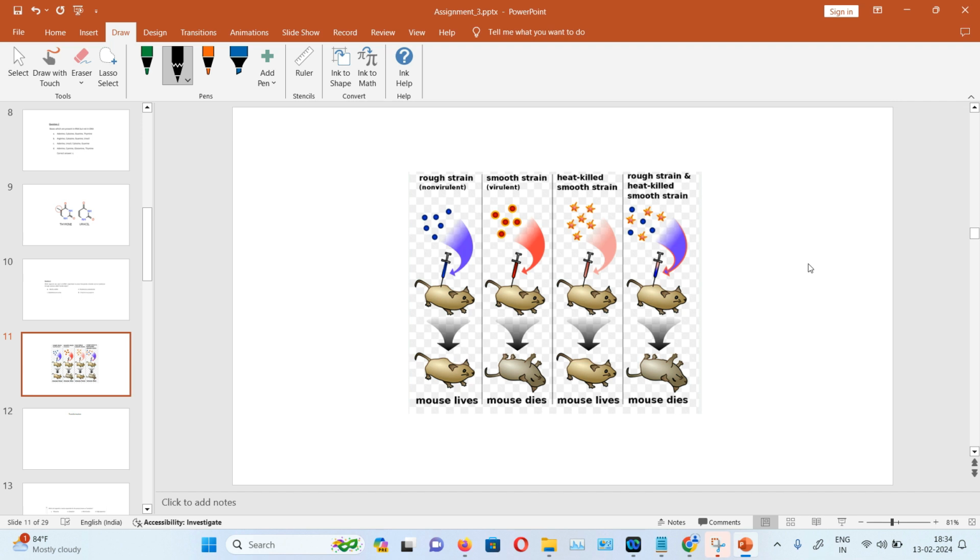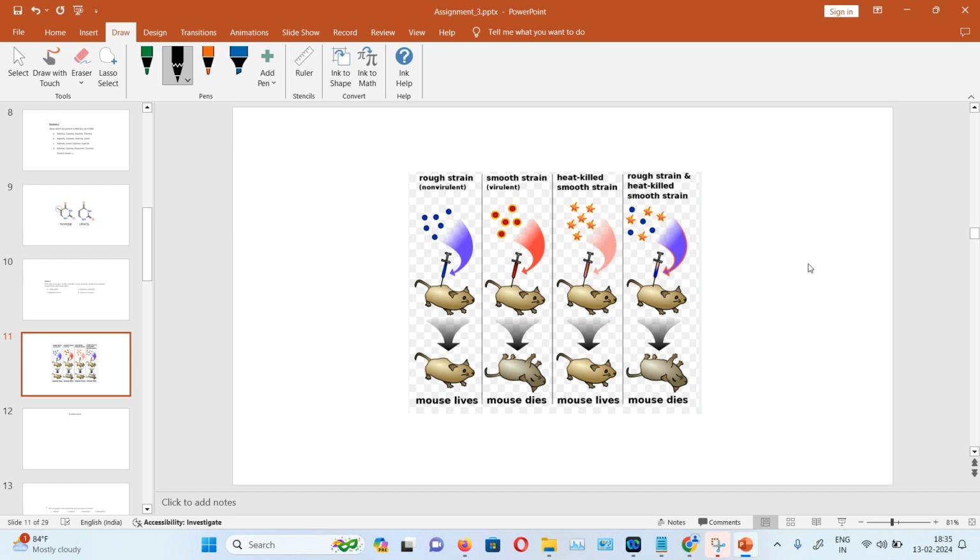So they mixed the rough strain organism with the remnants of the heat-killed smooth strain, and after that they introduced the mixture to the organism and observed. What they observed was a very curious thing: the organism died, or the mouse died.